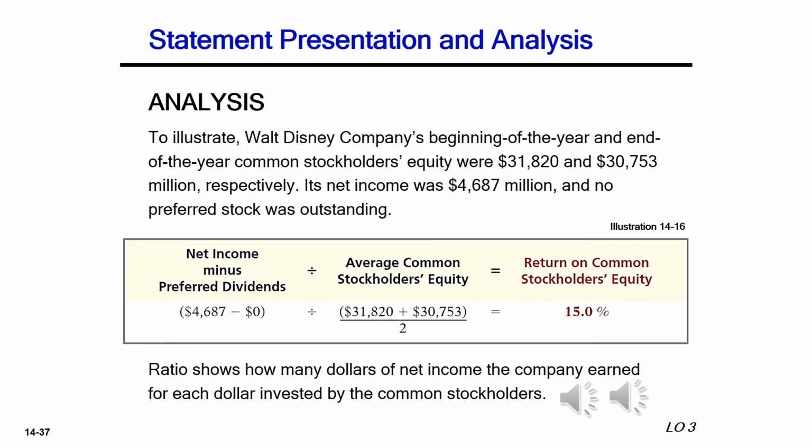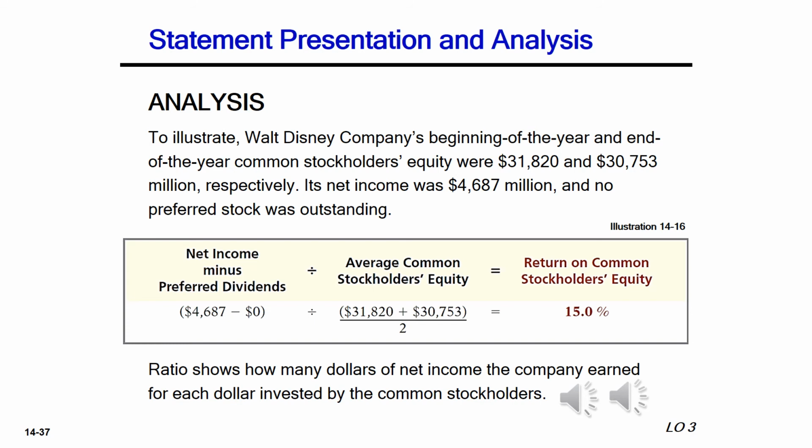Its net income was 4,687 million, and no preferred stock was outstanding. So based on this, we can take a look at the net income minus preferred dividends, so 4,687,000,000 minus $0, divided by average common stockholders' equity.